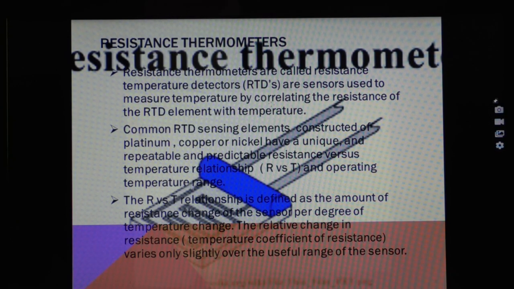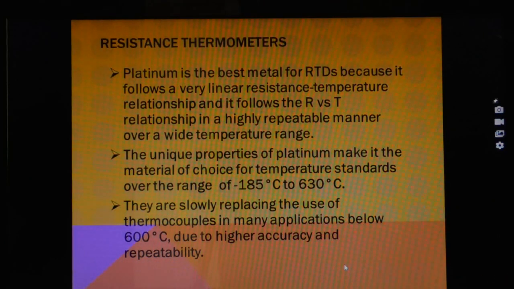The R versus T relationship is defined as the amount of resistance change of the sensor per degree of temperature change. The relative change in resistance, that is the temperature coefficient of resistance, varies only slightly over the useful range of the sensor. Platinum is the best metal for RTDs.